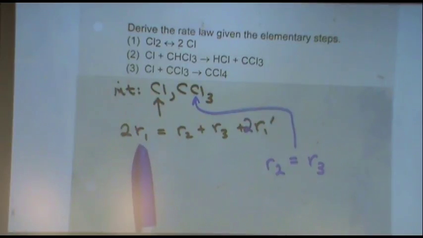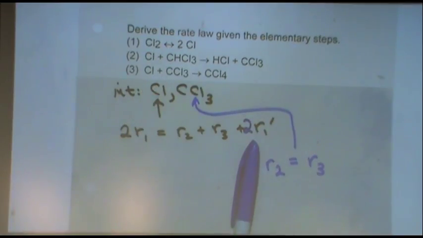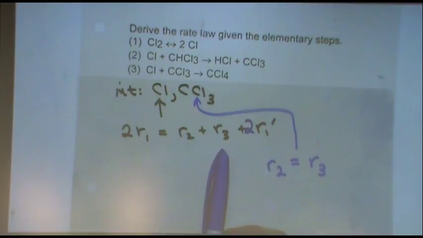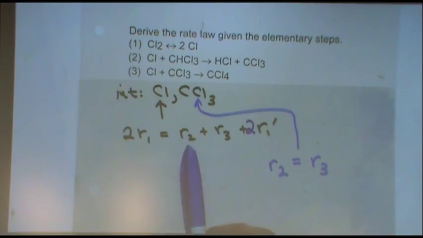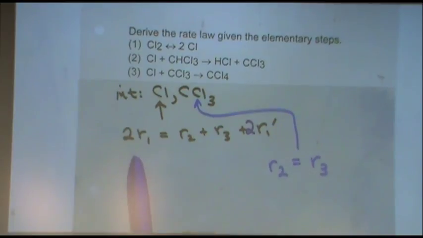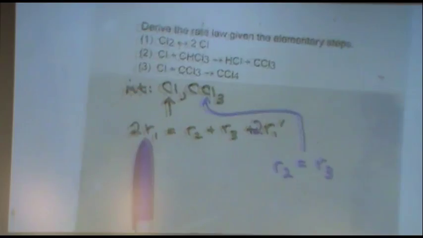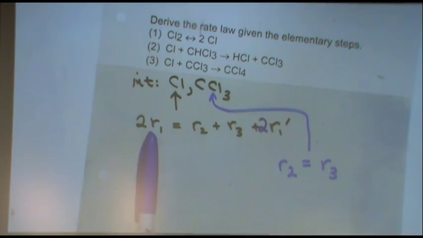Right here, you're going to have Cl squared as a concentration. You see that? Here, you're going to have Cl to the first power. Here, you're going to have Cl to the first power. And here, you're not going to have a Cl. So you're going to have a quadratic equation. That sounds a little crazy to me. It's solvable, but probably not on an exam.